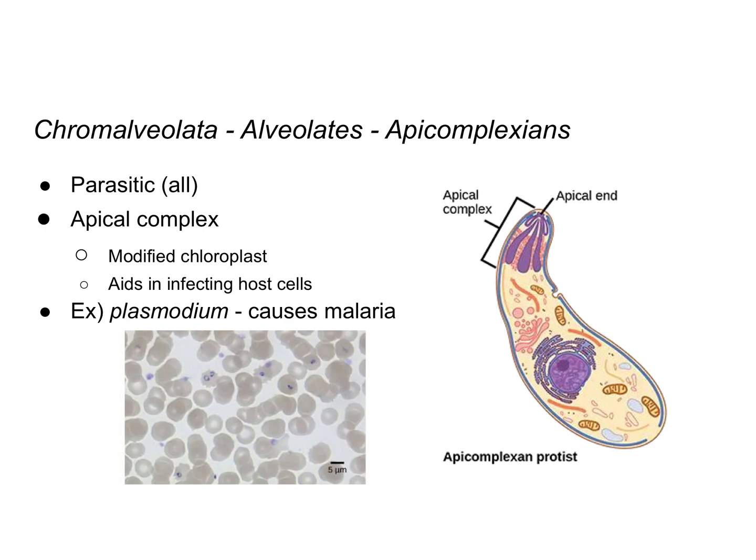Another type of alveolate is an apicomplexan, and these are parasitic protists. And they have this apical complex, which is a modified chloroplast that helps them to infect their host cells, because remember, they are parasitic. One example is Plasmodium, an apicomplexan that causes malaria. So these little purple areas in here are the protists that are causing malaria.